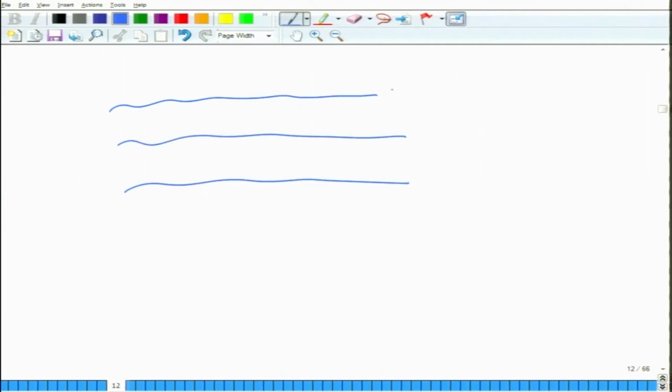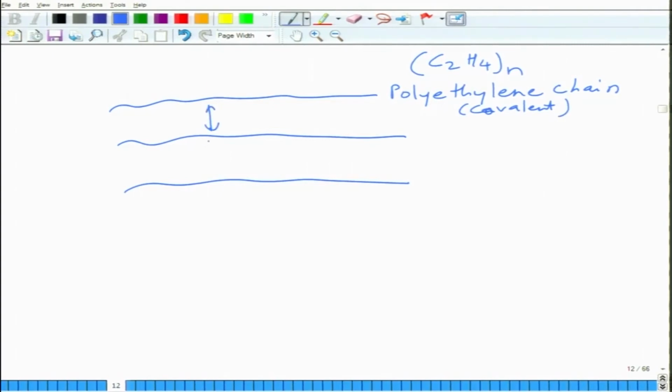So, let us say these are all polyethylene chains. Okay. So, basically C2H4 n. These chains are all covalently bonded. So, within a chain you have covalent bonding, but between the chains the interaction is van der Waals.